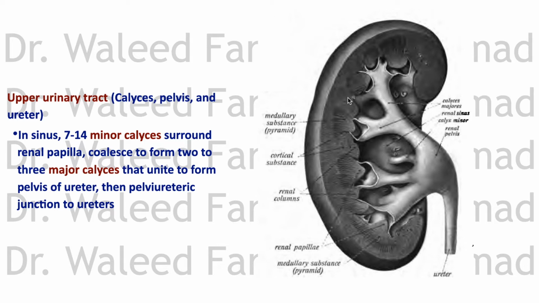Of course, some of the calyces will be connected and the kidney may function normally, maybe until 40 years or so, but eventually it will collapse because of the back pressure and hydronephrosis developing over the years. So the minor calyces coalesce together and form the major calyces, and then form the renal pelvis, and then at the pelviureteric junction the ureter starts.